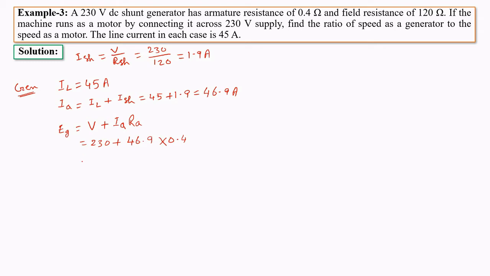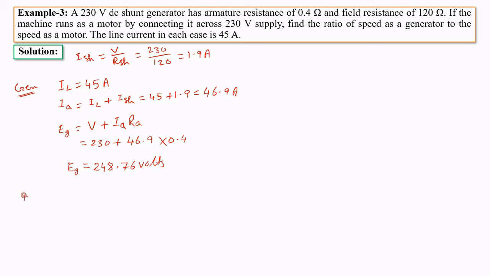And after solving, we'll get the generated EMF as 248.76 volt. So this is the generated EMF when the machine is working as a generator.